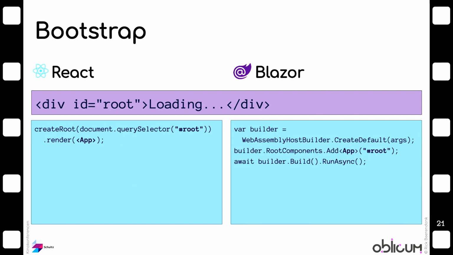Now in case of React, you need to somehow get access to the root, the identifier root, and say, oh, render the app there. A similar code we have in case of Blazor. We have a builder. In the builder, you say, well, the root div should be connected to an app component. And then you run the builder and the application starts up. I'll show a real example in a moment.